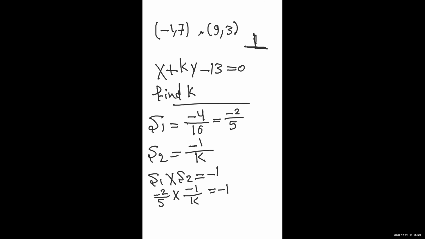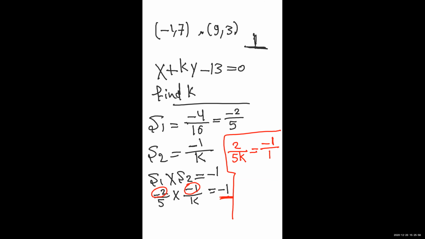Now I will multiply these two terms. On the numerator, negative 2 times negative 1 equals 2, so 2 over 5k equals negative 1, which is negative 1 over 1, a whole number.